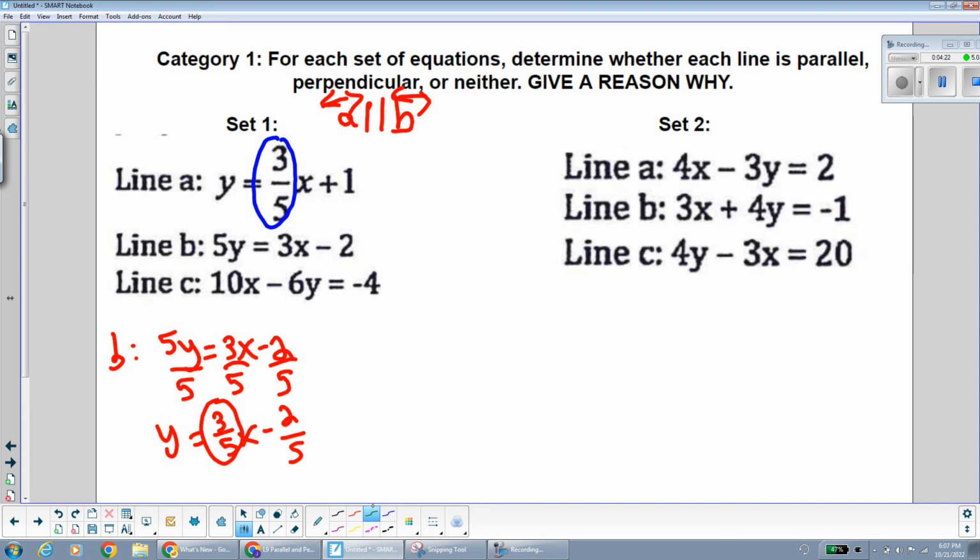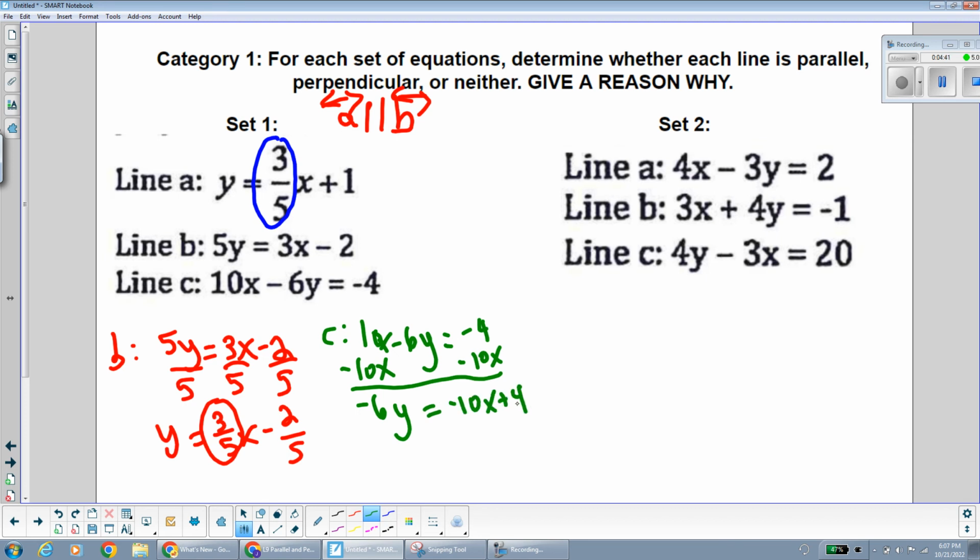And then finally, I'm going to solve line C for y. So we have 10x minus 6y is equal to -4. I'm going to subtract 10x from both sides to move it away from the y term. Oops, -4, my bad, that's a -4 that we have here.